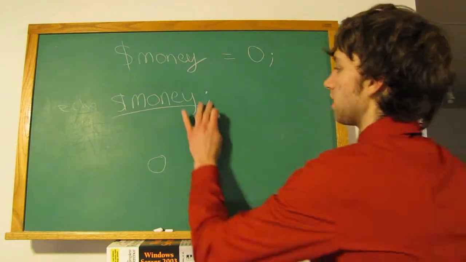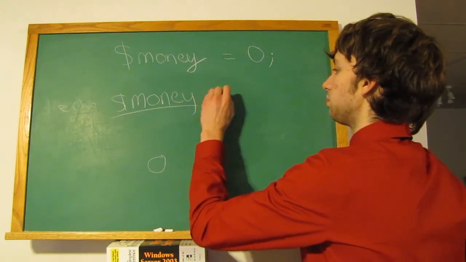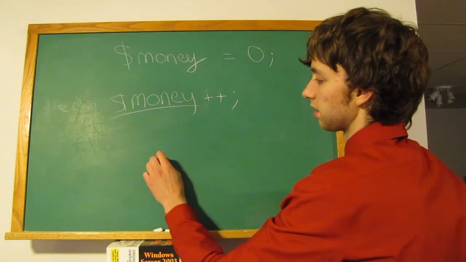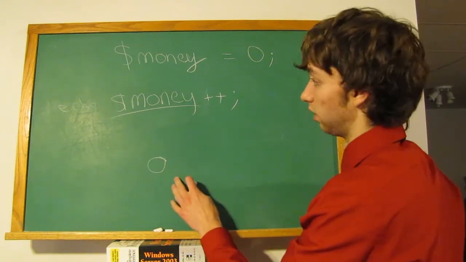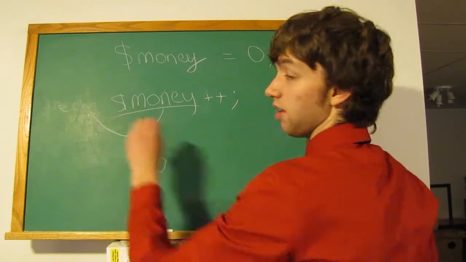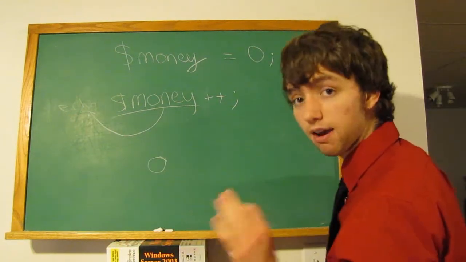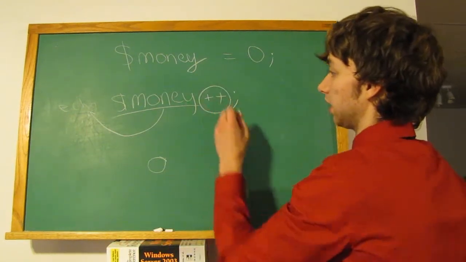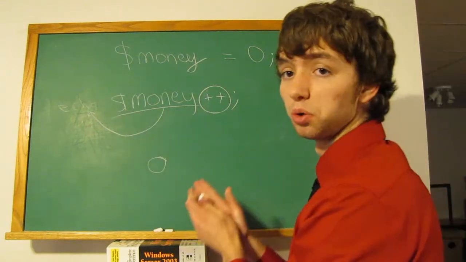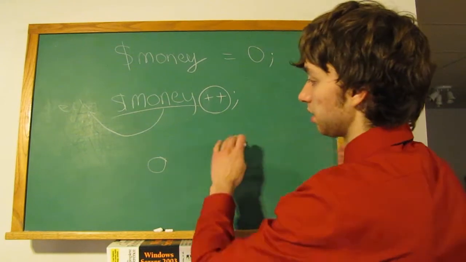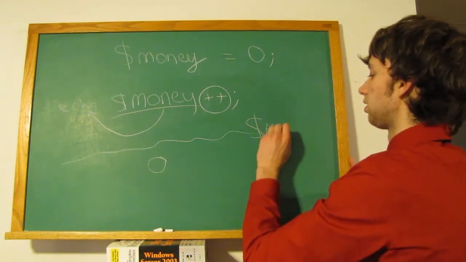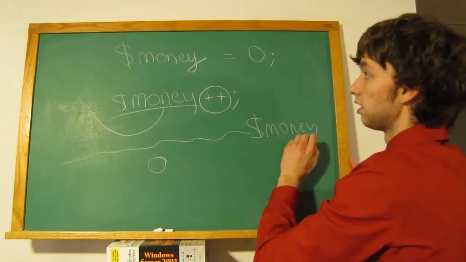Well, if we say money plus plus, well now, what's going to be sent to the browser? Still 0. That's because we're echoing money, and then right after we echo it, we're incrementing it. So the echoing comes first. So 0 goes to the browser, but down here, the value of money is 1.